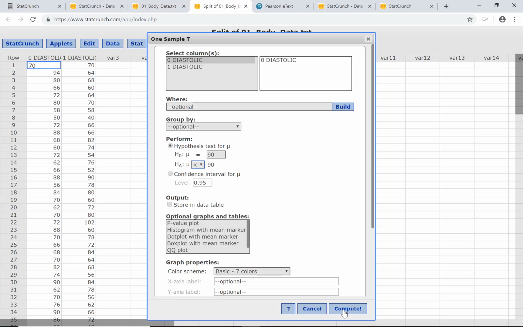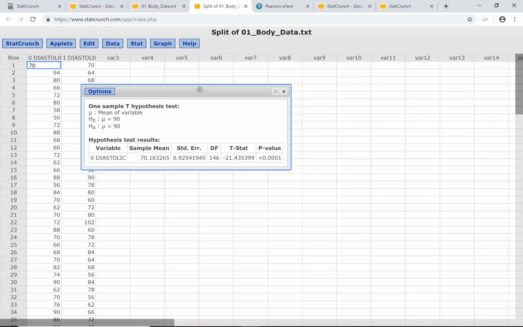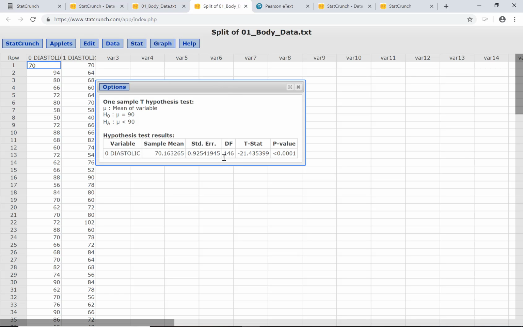Let's do compute. And here's our data. I want to show you this. Look at our t-statistic. That's huge for a t-statistic.